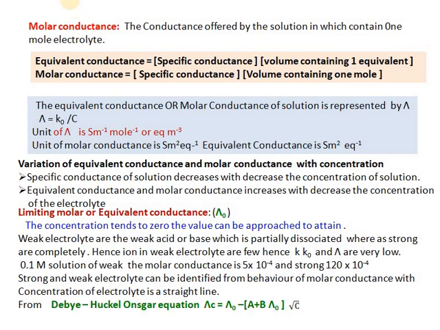By the formula, equivalent conductance is equal to specific conductance into the volume containing one equivalent of the electrolyte, and molar conductance is equal to specific conductance of the solution into the volume containing 1 mole of electrolyte.